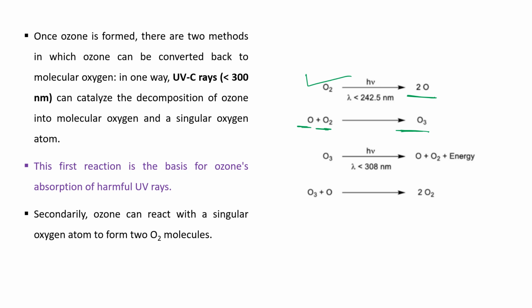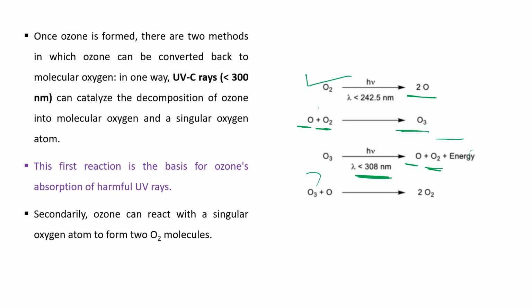The ozone is converted back into oxygen when UV radiation of wavelength less than 308 nanometer reacts with the ozone and forms molecular oxygen and atomic oxygen.